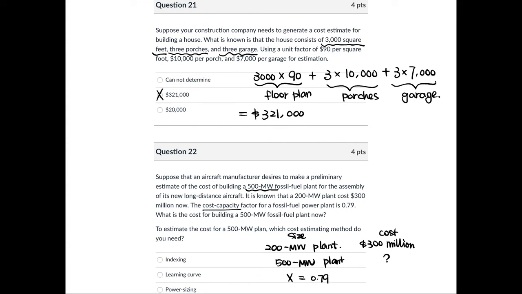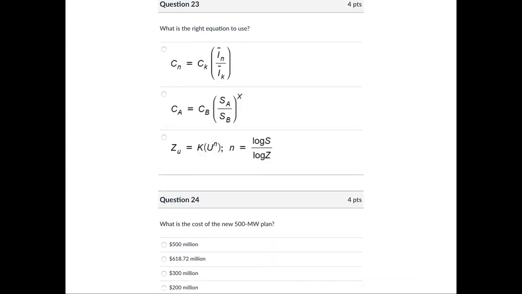Okay, so this type of problem is about building a bigger size of something based on the price known for building a smaller size of that similar thing. So this is absolutely the power sizing method, and the equation for that method is this. So now let's just calculate. C_A is going to be the unknown price.